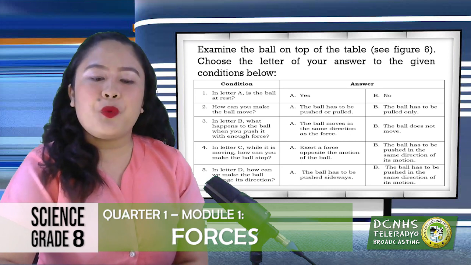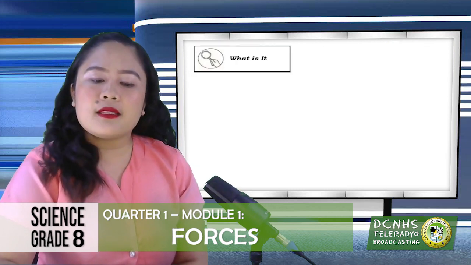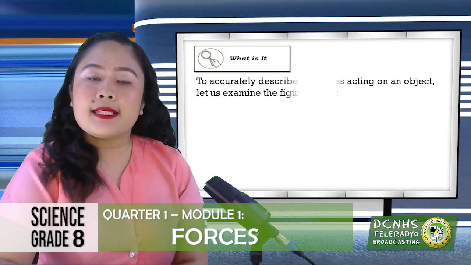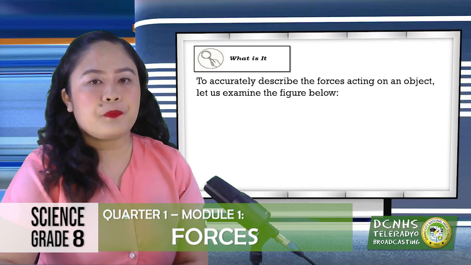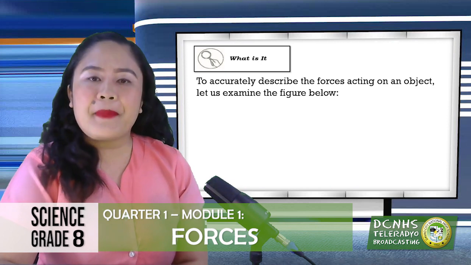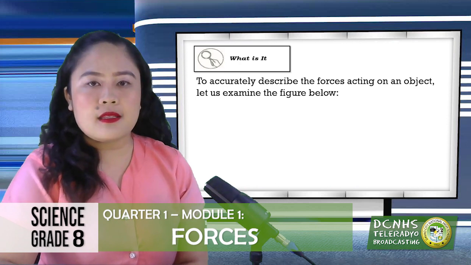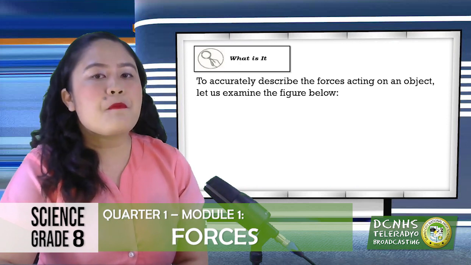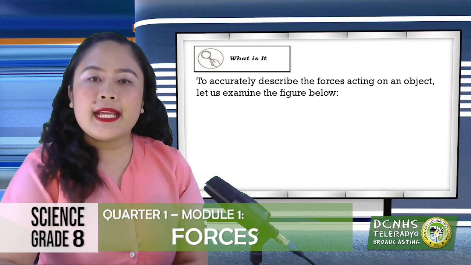We are now on What It Is part of your module. You are about to describe the forces acting on an object using the following terms. First, magnitude. Second, direction. Third, point of application. And fourth, line of action.